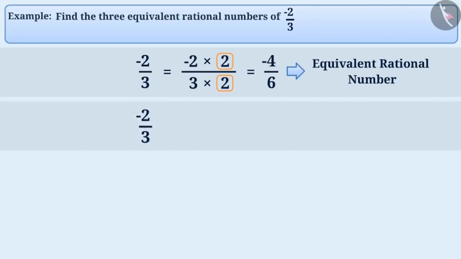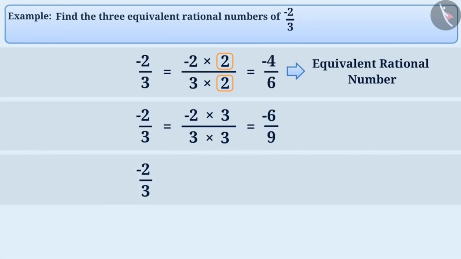Similarly, on multiplying the numerator and denominator of minus 2 by 3 by 3, we get the rational number minus 6 by 9. We can also multiply the numerator and denominator of minus 2 by 3 by minus 4. By doing so, we will get 8 by minus 12.